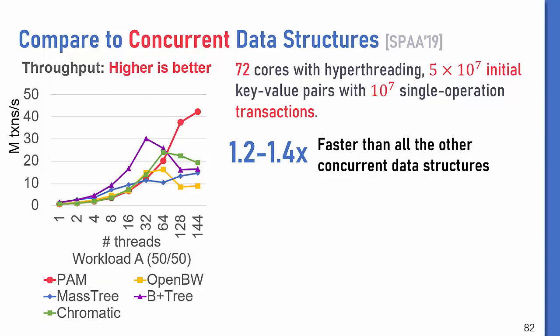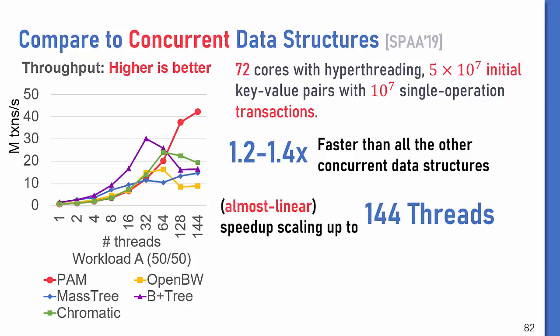We analyze the performance in more detail by changing the number of working threads to look at the scalability curve. We use workload A as an example, where we have 50% read-only transactions and 50% update transactions. P-tree is the red curve. Now, it is not the best one when fewer threads are used because batching itself has overhead.